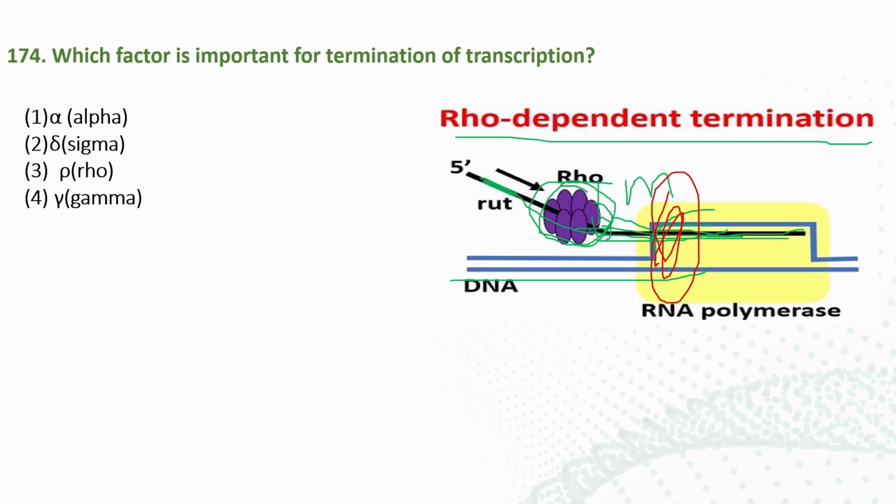When they settle here, they will remove the RNA polymerase, which is the yellow part. By attaching to the RNA polymerase, they stop its action by removing it from the RNA.